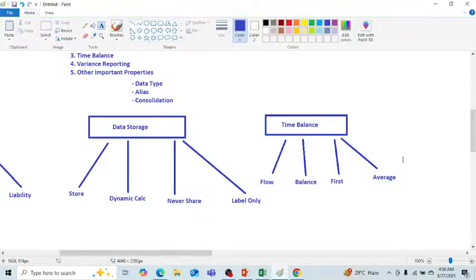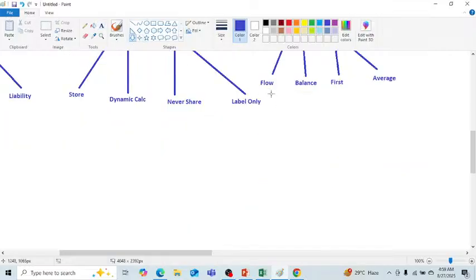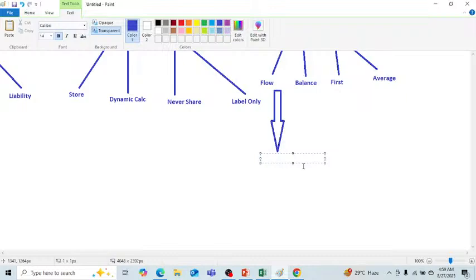So as we have discussed, time balance has four types. Flow is for income statement accounts like revenue and expenses. Data aggregates from month to quarter to year. I can mention an example here. Under flow, we can add things, we can aggregate things.